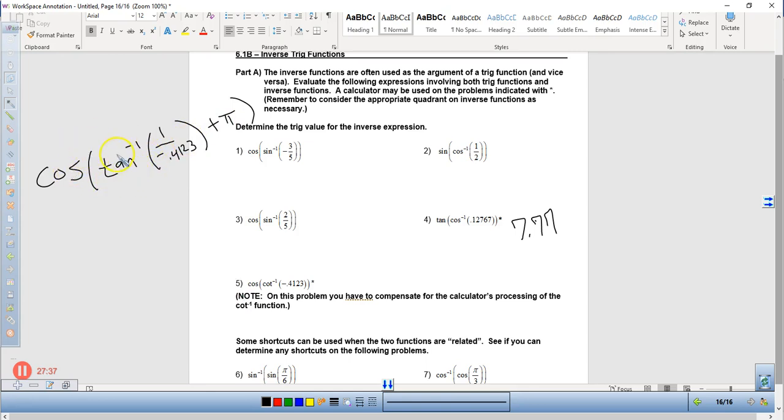This way it's going to do the cosine after it performs what's in here, tangent inverse of this, adds pi to that angle, and then cosine of this entire angle. Okay, and I come out with -0.3811.